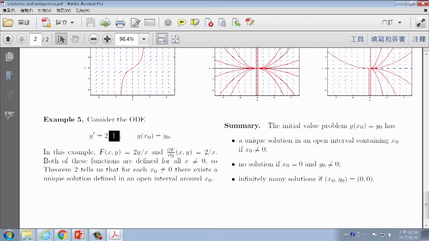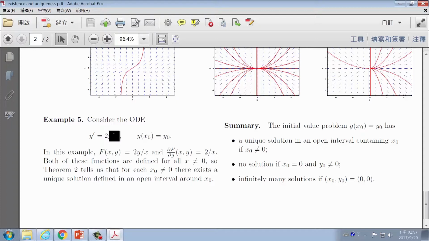This function is defined everywhere but not at 0, because at 0 this one goes to infinity. It's not defined. So it's defined for any x not equal to 0, and the partial is also defined for any x not equal to 0. This is guaranteed for existence and uniqueness, right? So both are satisfied for x not equal to 0. So the solution will be unique in the open area around x0 that is not at 0.